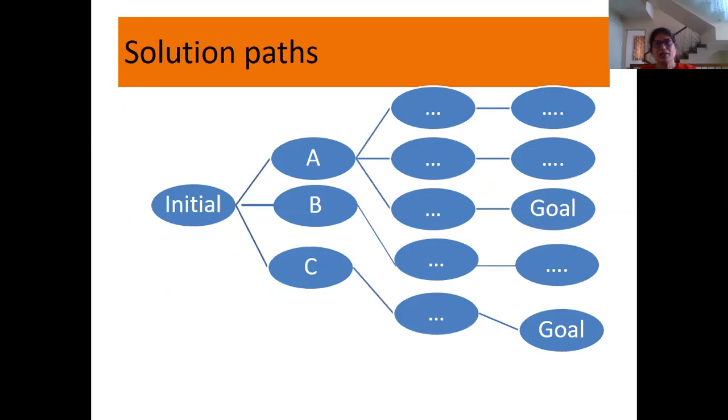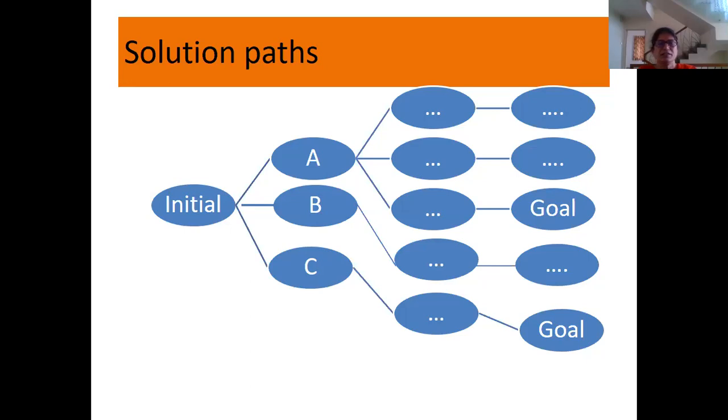To solve any problem, there may exist multiple solution paths. Some of those paths will lead to a dead state, and some can take us to the goal or the final state. Here, if you look at it, we begin with the initial state, and then some action is performed.